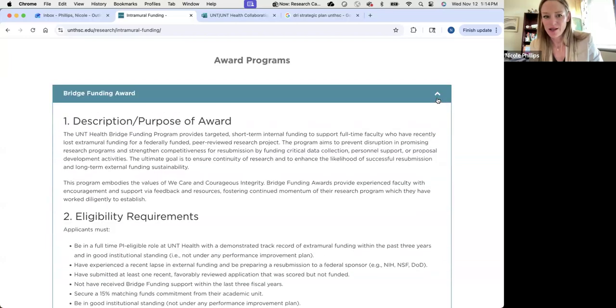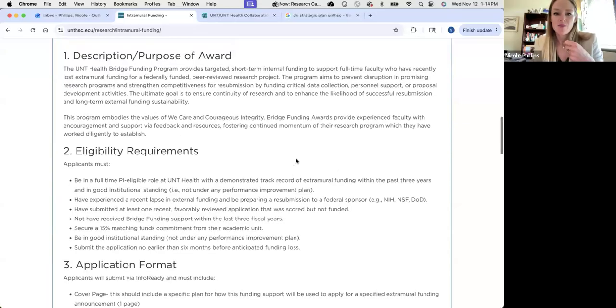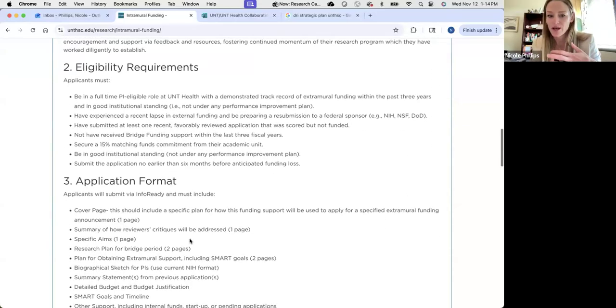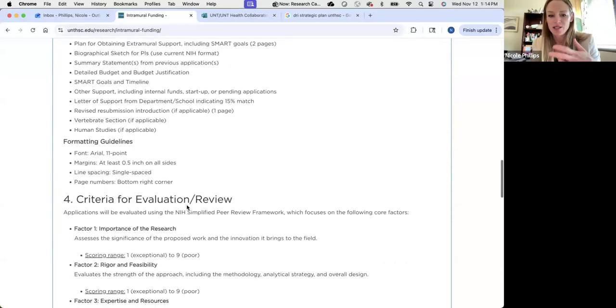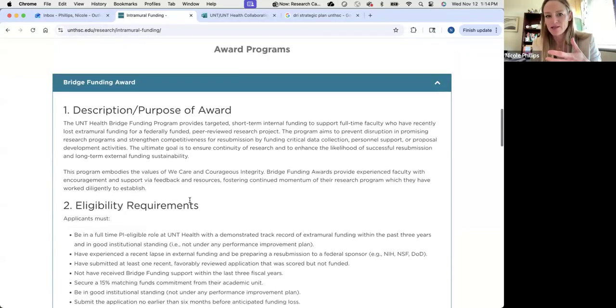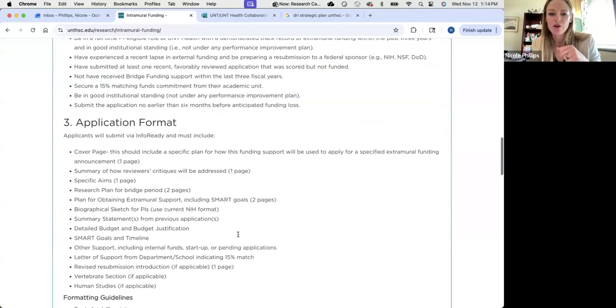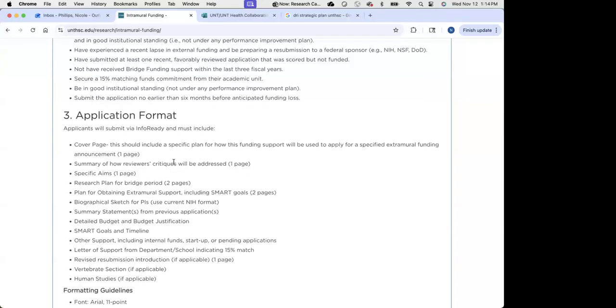And each of these expands to show you the full RFA with the requirements, the description, the application format itself, the criteria for review, etc. So as you'd expect, for example, bridge funding has some additional requirements that aren't necessarily applicable or relevant for the early stage investigator award or a pilot research award. So just pay careful attention to those particular application requirements.